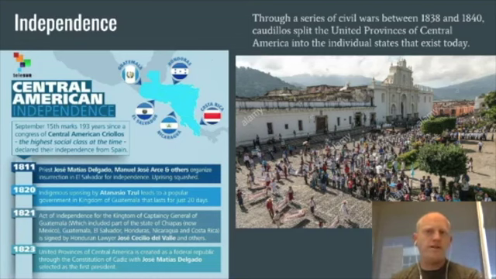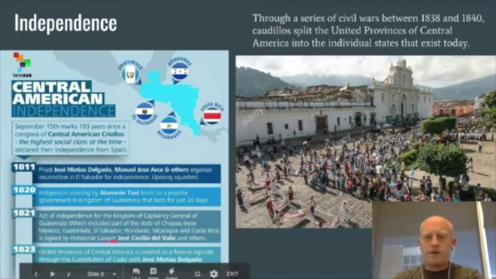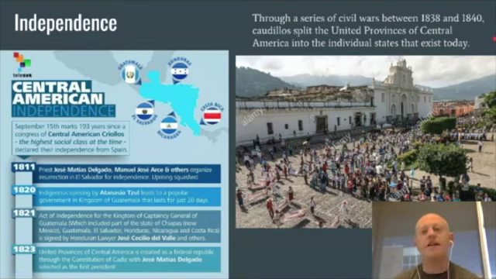Civil wars took place, especially strong between about 1838 and 1840, that broke apart the United Provinces of Central America into the various nations that you can see on that infographic map. This stock photograph here is an illustration of an Independence Day celebration in Antigua that took place not too long ago.